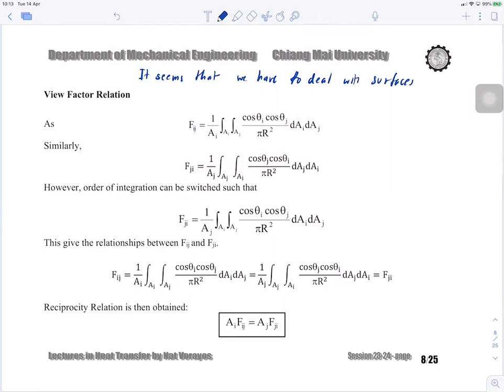And if you want to find the Qij, heat leaving surface I to surface J, any I or any J in the enclosure, you have to deal with Fij. So you need to find so many Fij.